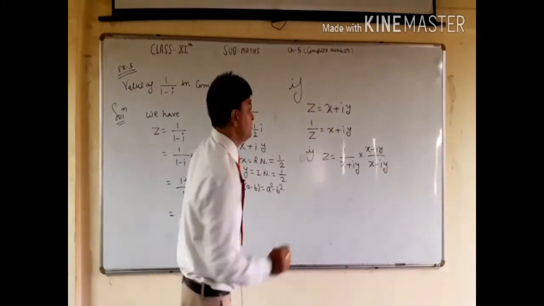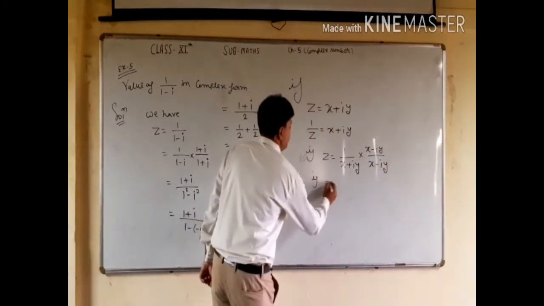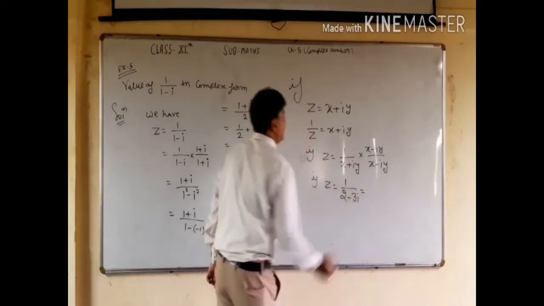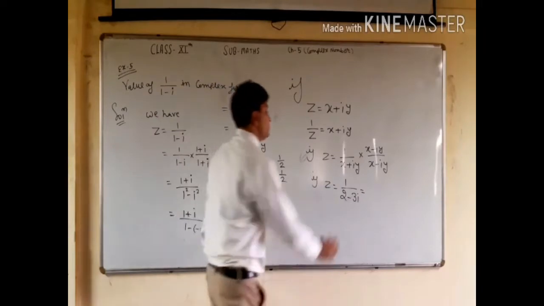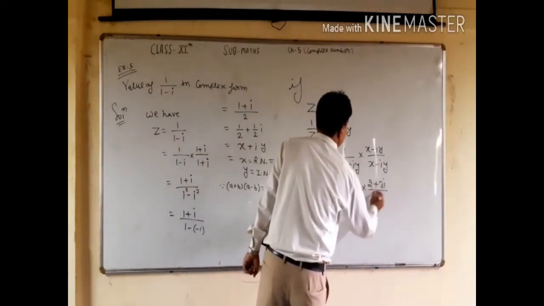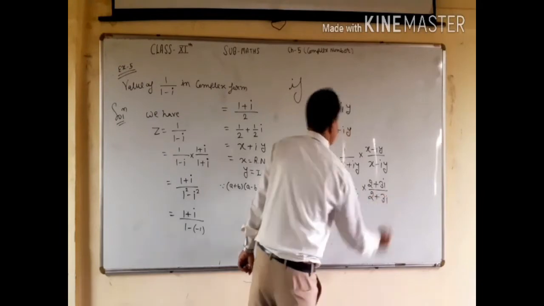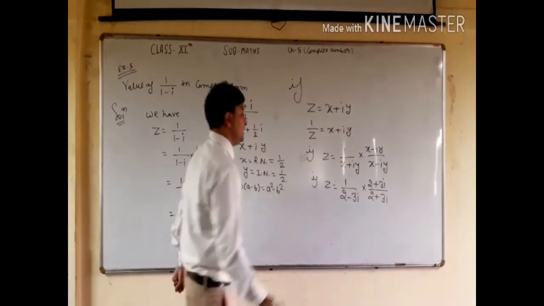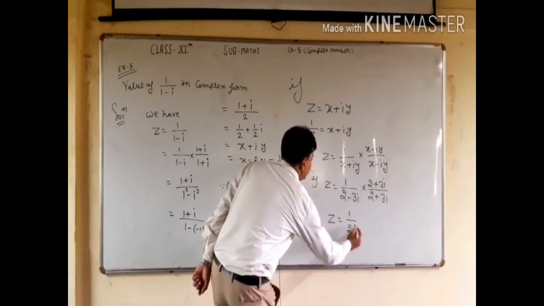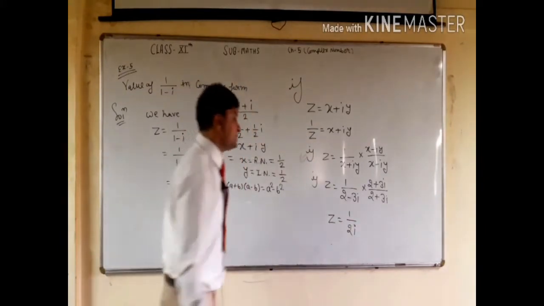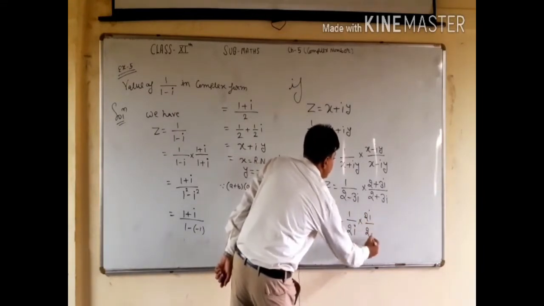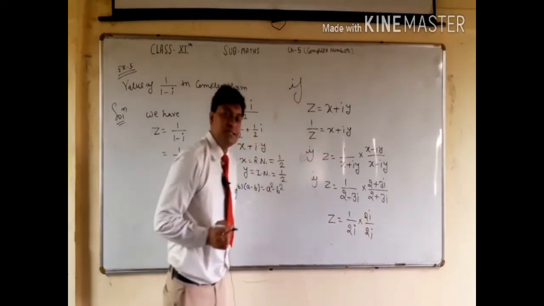If we have z equal to 1 upon 2 minus 3 iota, then we multiply this by 2 plus 3 iota upon 2 plus 3 iota. If we have only z equal to 1 upon 2 iota, then we multiply this by 2 iota upon 2 iota. Okay students, thank you.